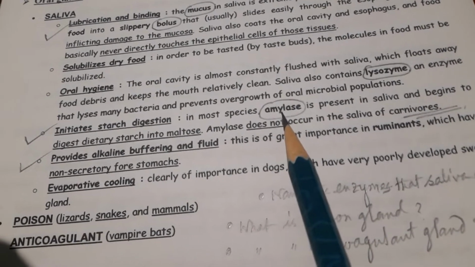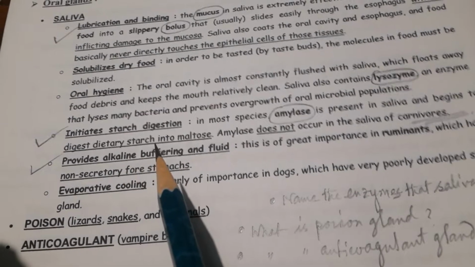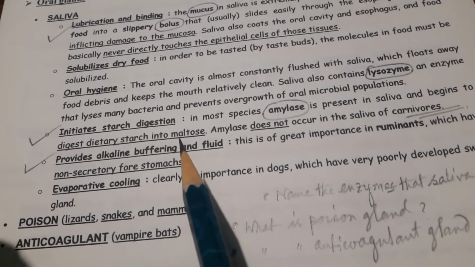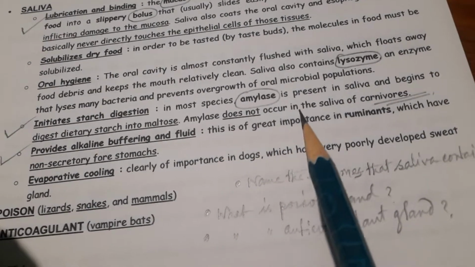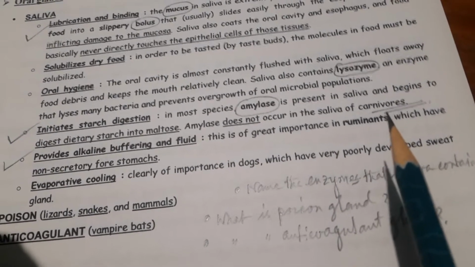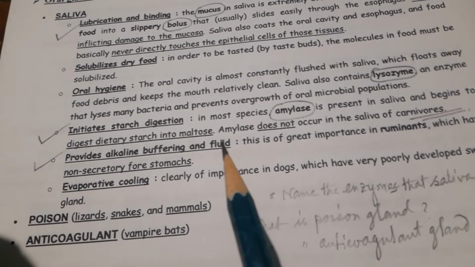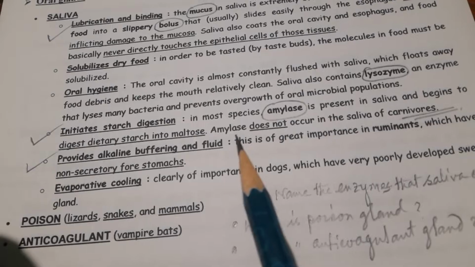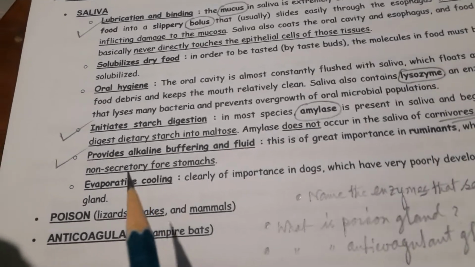Amylase helps in digestion. It digests dietary starch into maltose, but amylase does not occur in the saliva of carnivores, because carnivores don't eat any plant materials.